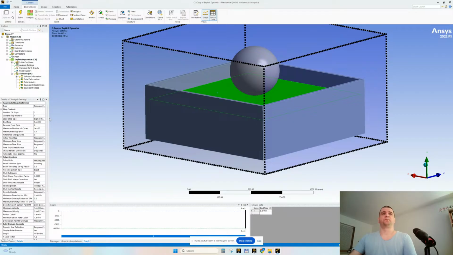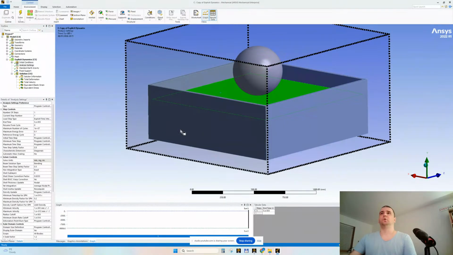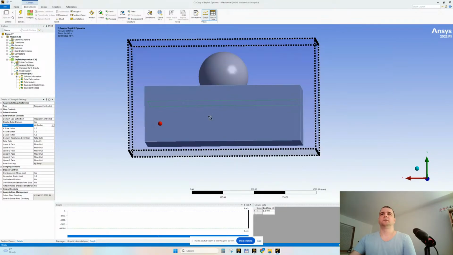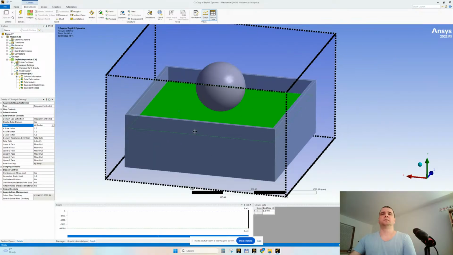Now, where to edit this Eulerian frame? Here. We have Euler domain controls. This frame is scoped around all bodies. In the future, we will scope it only around the Eulerian bodies. But now it's scoped around all the bodies.